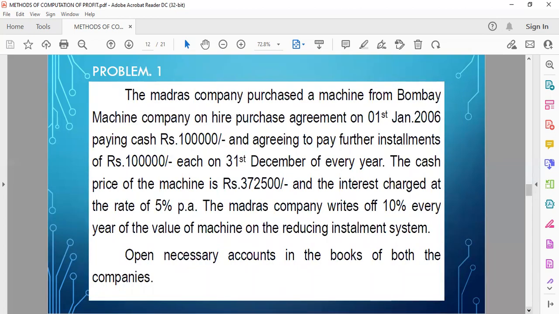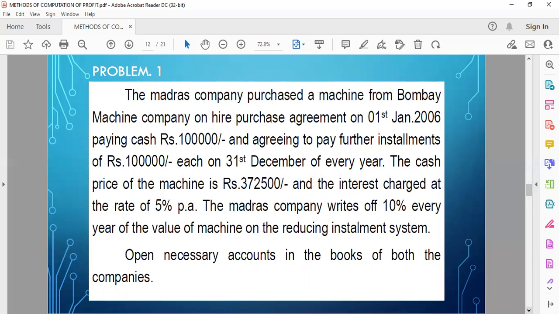Next, I have given one problem. First, I just wanted to read the question. Listen carefully. The Madras company purchased a machine from Bombay Machine Company on hire purchase agreement on 1st January 2006, paying cash of rupees 1 lakh and agreeing to pay further installments of rupees 1 lakh each on 31st December of every year.